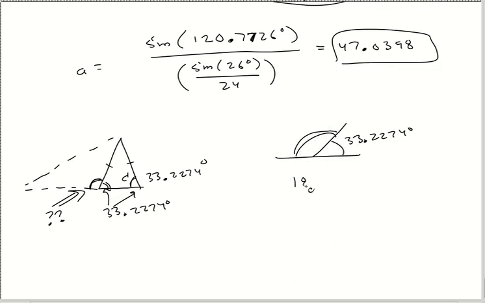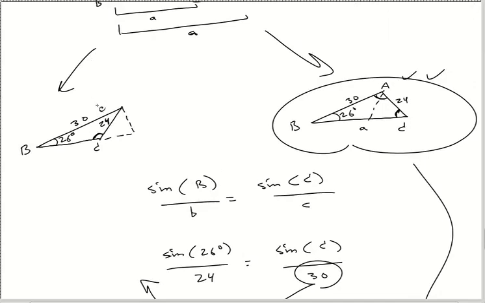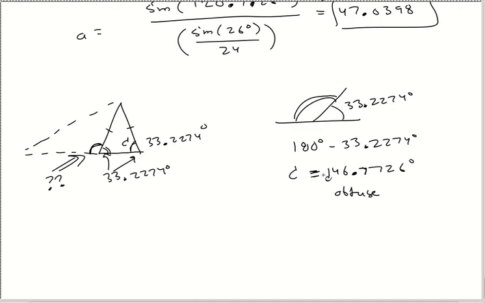So I'm going to do 180 minus the 33.2274. And so what I got here was 146.7726. And that's my C for the bigger one. Notice that this guy is obtuse. See, it's obtuse right there. Yes. So that's our new one. This is an answer. There it is.